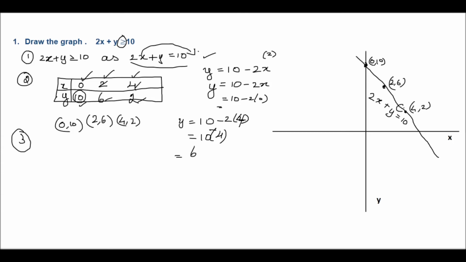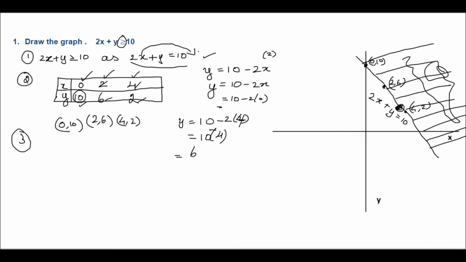And for 2x plus y greater than or equal to 10, the region goes here. I am shading this along with the line. Understood? Along the line. Now this region is the inequality 2x plus y greater than or equal to 10.